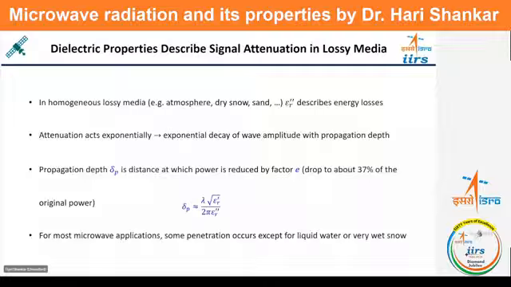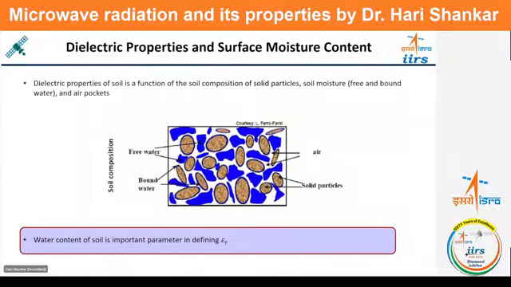So basically we have to understand the dielectric constant of different types of targets, and accordingly choose which type of microwave signal is useful for which domain or application. Soil moisture is another important study. In soil, there are soil particles, in between some air space, and some water content.